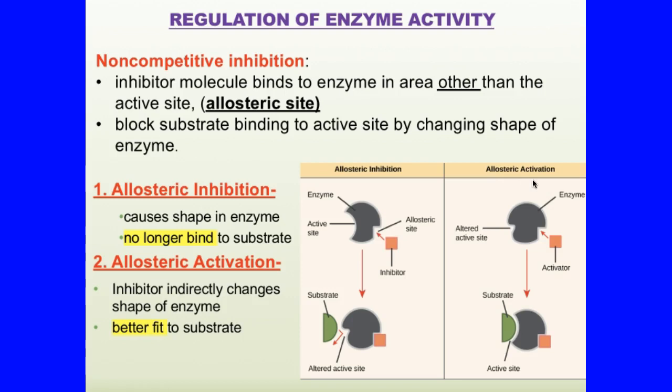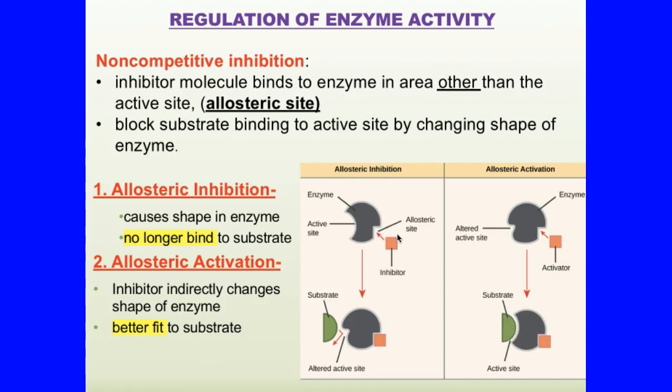Allosteric activation is the same kind of attachment. We have the activator come and attach to the allosteric site. And remember, I'm saying activator now, not inhibitor. An activator comes and attaches to this allosteric site, and look at this active site over here. It was not able to attach to this substrate yet. But when this activator attaches to the enzyme, it changes the shape of the enzyme, making it a much better fit for this substrate right here.